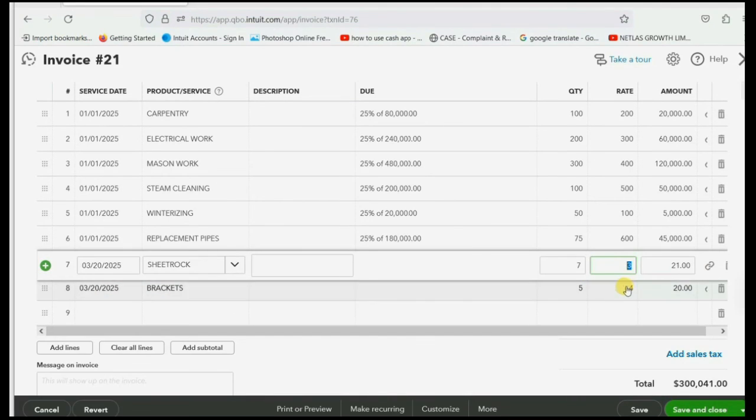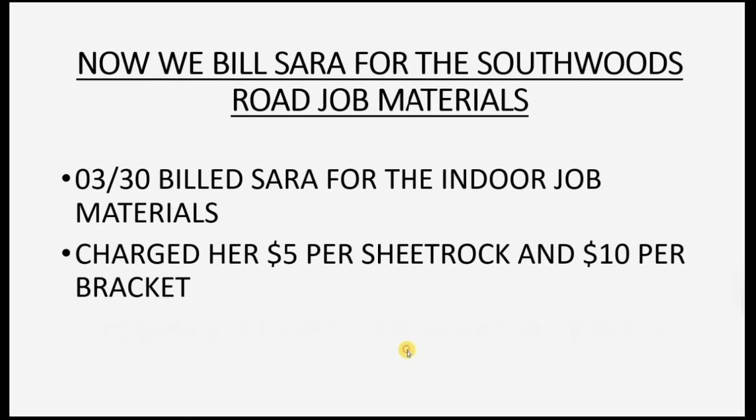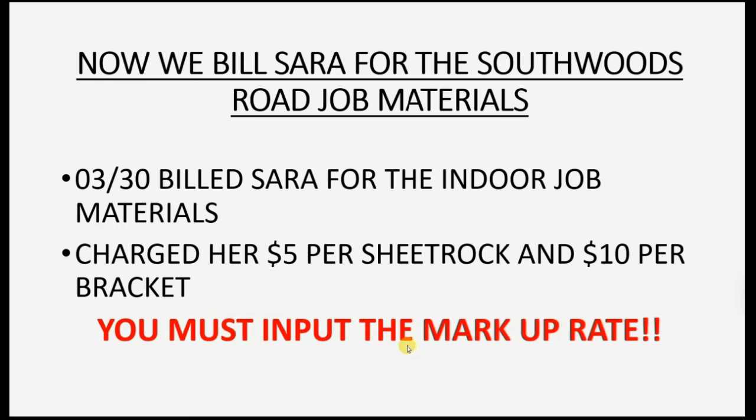This rate that it put was not the rate we put for the sales price. It was the rate that we purchased the items at. So sometimes you might have to put in the markup rate yourself, even if you put it into the list of products and services when you set it up, because they know the markup can change all the time.